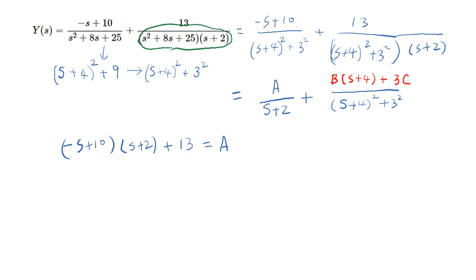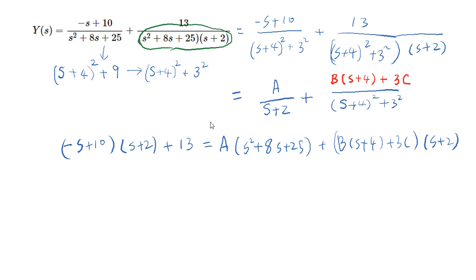When you multiply this to this, s+2 and s+2 will cancel, leaving you with s^2 + 8s + 25. And then (b(s+4) + 3c) will have (s+2) multiplied. Because this doesn't have s+2, when you multiply this to that, this part cancels, whereas s+2 is the survivor.